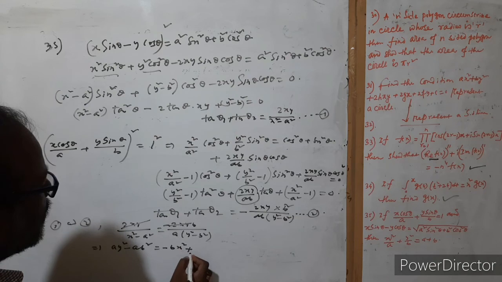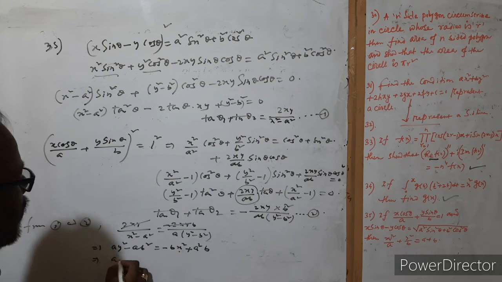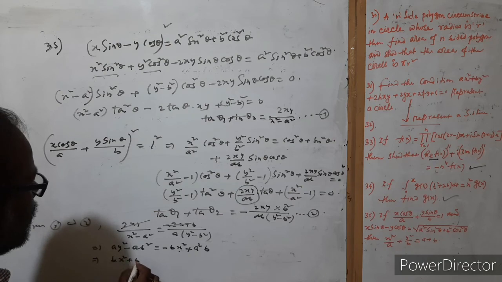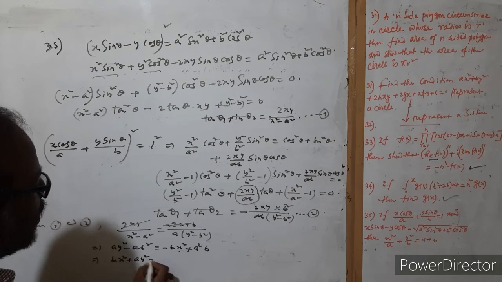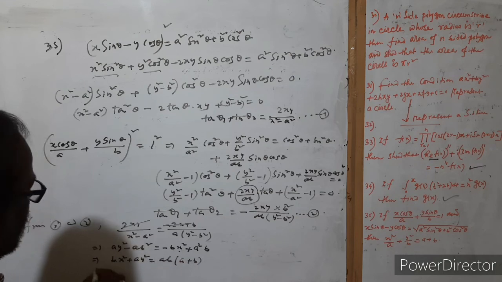So now b x square plus a y square is equal to ab, so this is here a plus b.